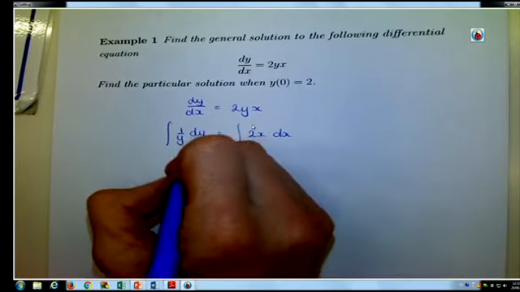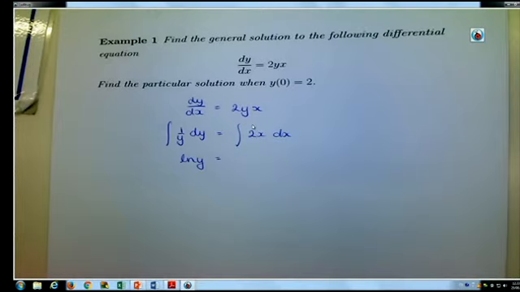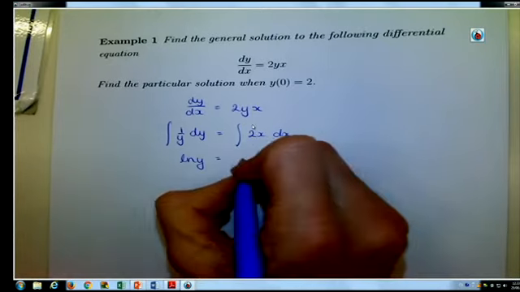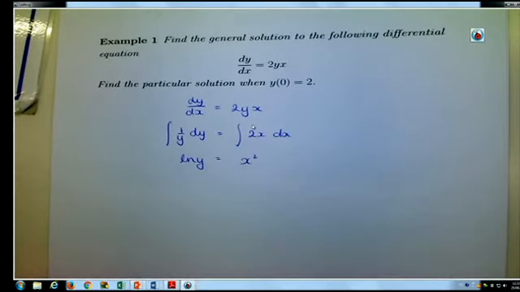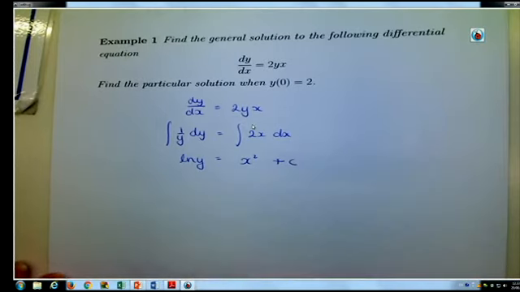Okay, so 1 over y, if I integrate that, I get log of y. And if I integrate this, I'll get an x squared. Plus c. Don't forget your plus c.